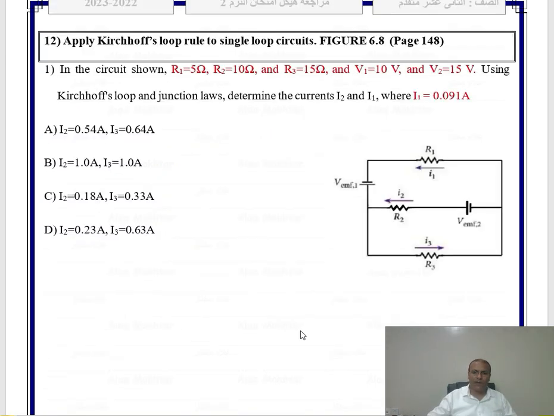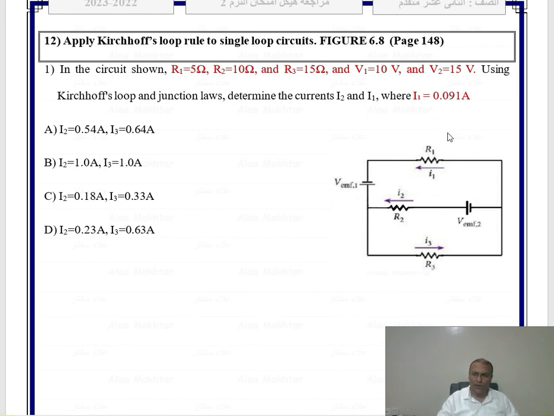Number 12, about Kirchhoff's loop rule. We discussed it in the previous question. Apply Kirchhoff's loop rule to a single loop circuit, figure 6.8. Look at this example.